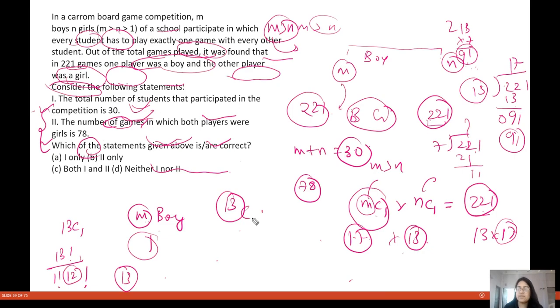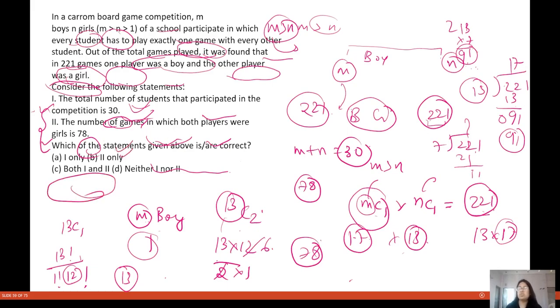So how many games will there be? 13C2, because every girl will play with every other girl. So 13 into 12 divided by 2 into 1, so this becomes 6, 6 threes are 18, and 1, 78. So this is also true. So both 1 and 2 are true.